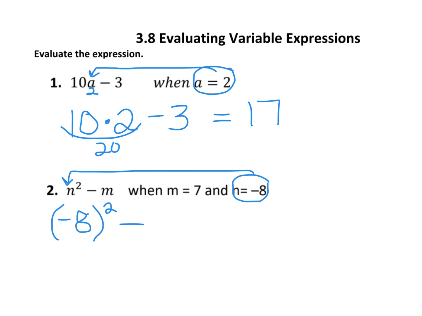And then I see a minus sign, and then I'm putting this m equals 7 in place of m. So that's what you would type into your calculator, including the parentheses. If you chose to do it by hand, you could figure out what negative 8 times negative 8 is and then subtract 7. And you should get 57 for that, 64 minus 7. But if you're doing it on the calculator, just type it in and let it do the work for you.